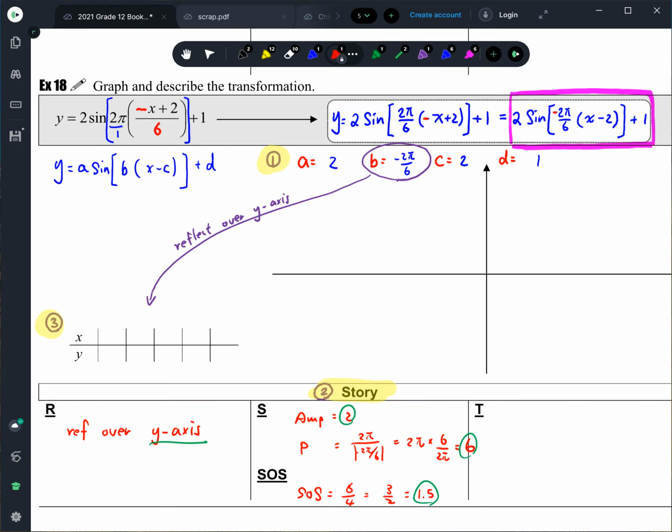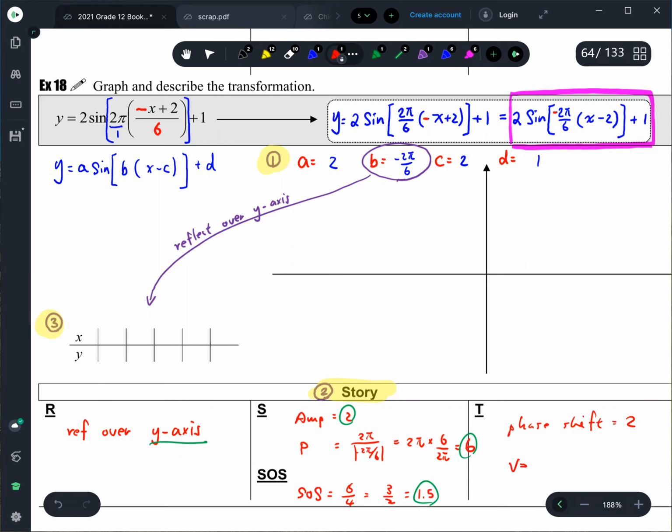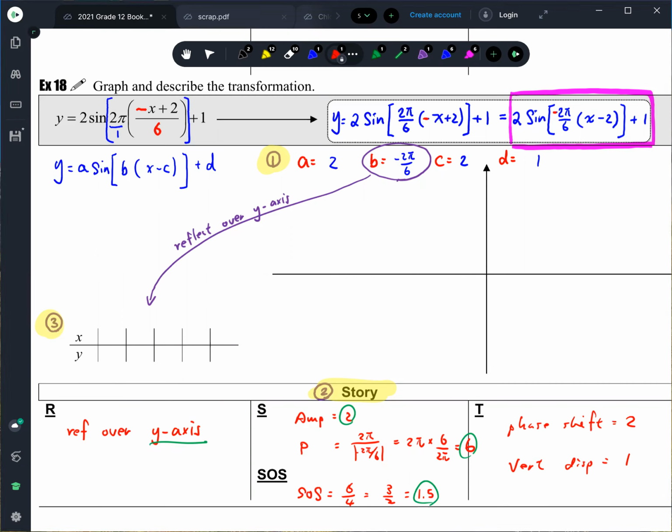It's phase shift of 2 and then vertical displacement of 1, right? Yeah, okay, very good. So now it's your turn to get a table. Be careful, this one has a reflection over y-axis, right? So I hope you know what to do.